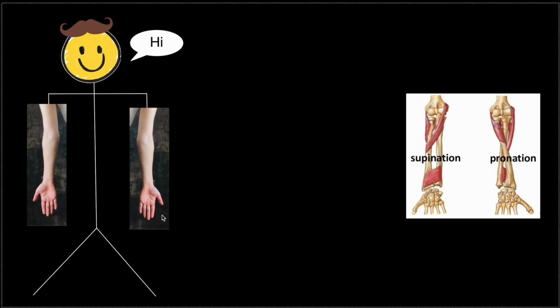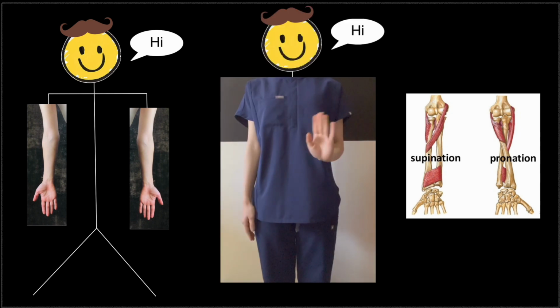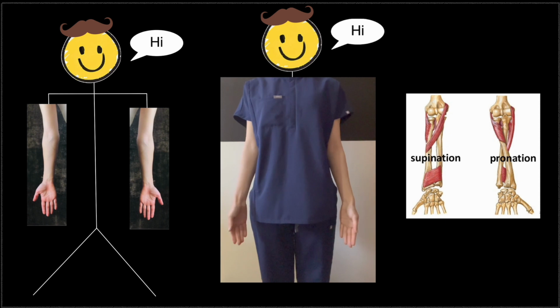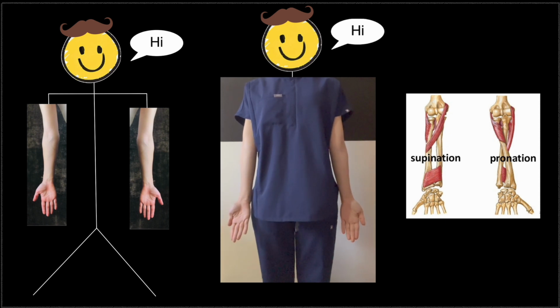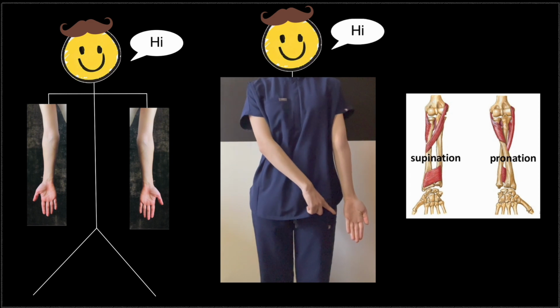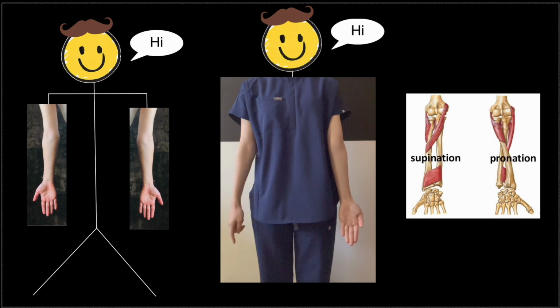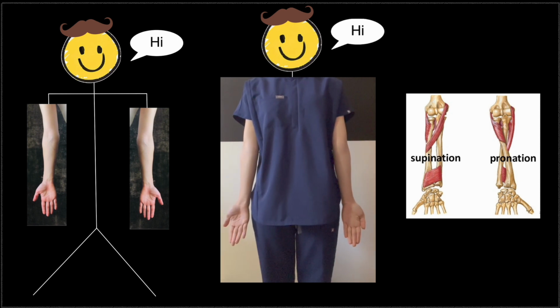So you can see my hands here, and additionally I'm showing a video of me standing in the anatomical position. In this position, my palm is facing forward in a way that my pinky finger is closest to the midline of the body. Therefore, it is the medial part of the hand, and the thumb is the lateral part of the hand.